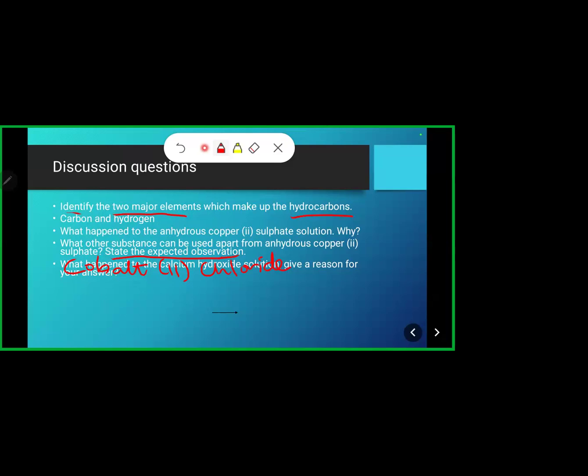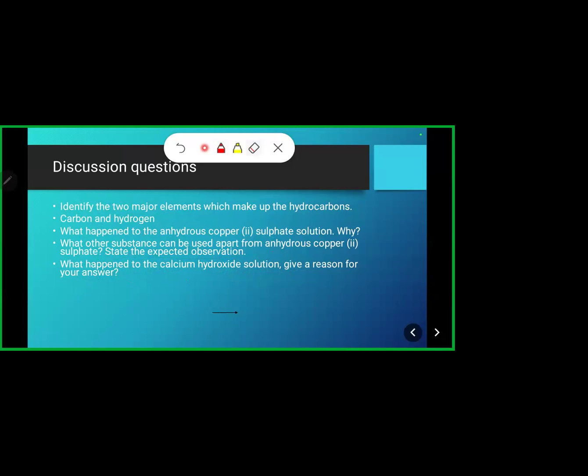The calcium hydroxide solution turned into a white precipitate, indicating that the vapor from the burning candle contained carbon dioxide. Okay, that's very good. Thank you.